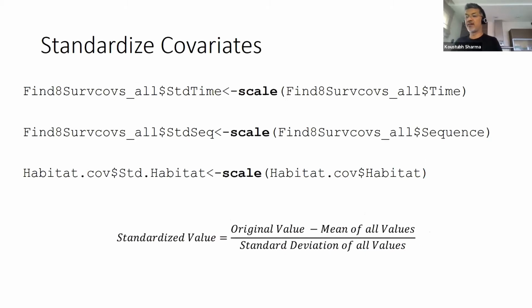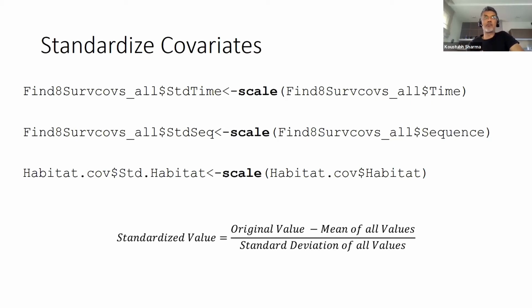So here what we have done is we've not only standardized the time covariate and the sequence covariate, which were detection or survey covariates, but we've also standardized habitat, which was a covariate potentially affecting the probability of a site being used by 8.